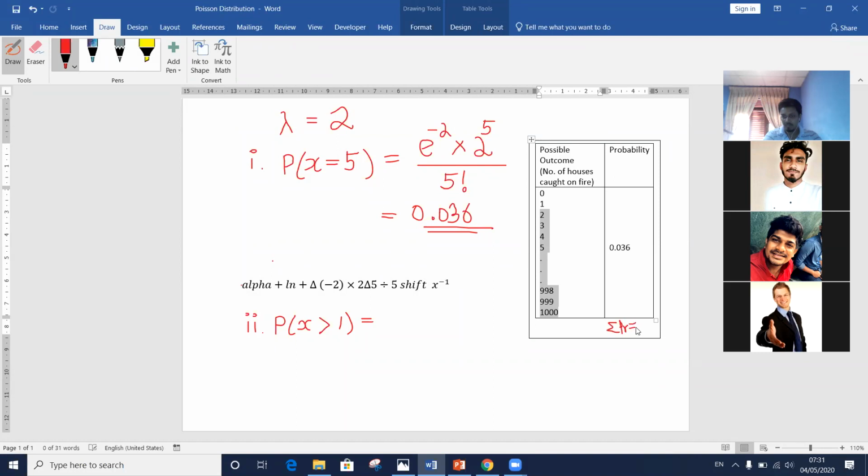Whether it is binomial, Poisson or normal, the sum of probability values should be equal to 1. If we need to find the sum of these probabilities, what we can do is, from 1, deduct the probability of 0 and the probability of 1.